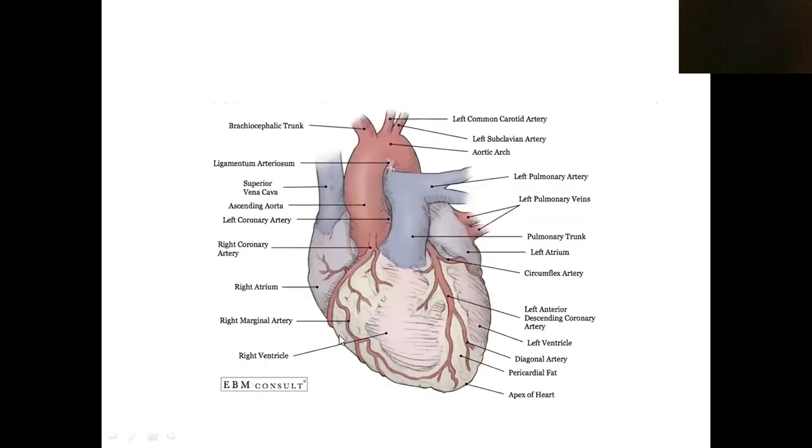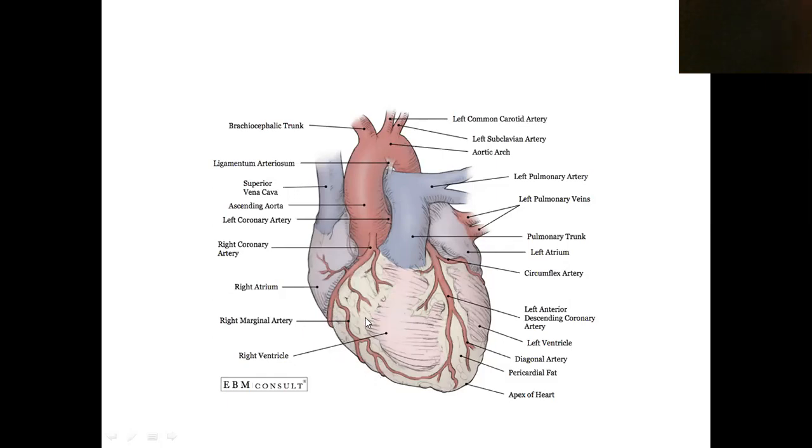Clear? See the course once again. First it runs forward between the auricle and the pulmonary trunk, then it runs downward through the right anterior coronary sulcus, and reaches this inferior border.